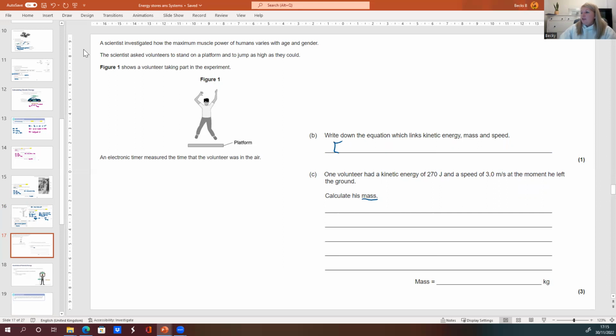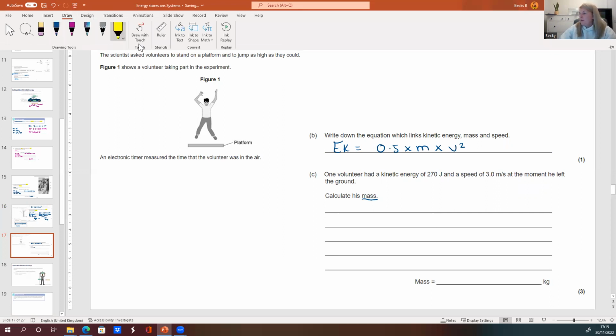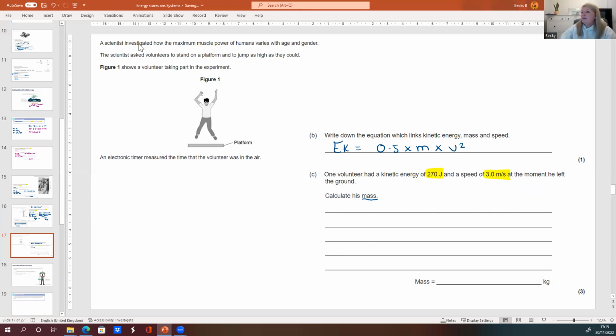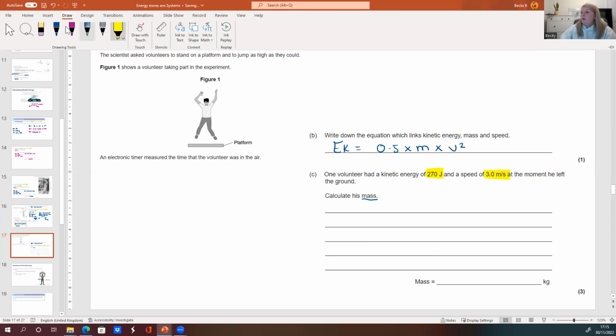So the equation, should be smashing this by now. 0.5 times mass times v squared. Highlight the bits that I know. Pull them out.